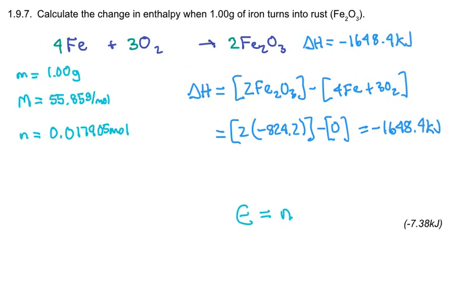Now that we have that, enthalpy equals N delta H equals our number of moles we found before, 0.017905.